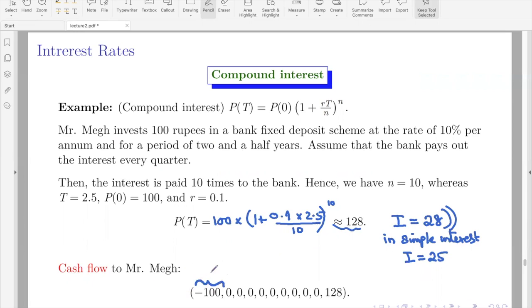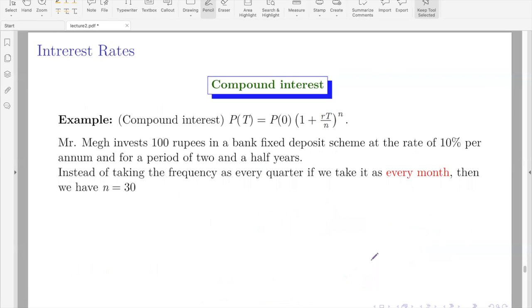Therefore, the cash flow at the beginning is minus 100, and then he never obtained any interest because the interest was kept with the bank and the bank was compounding it. Therefore, he was not paid any interest. Each interest due date, in his hand nothing was given. Therefore, everything is zero. And at the maturity, he was given the nominal value, that is the maturity amount, which is 128. So that is the cash flow in this case.